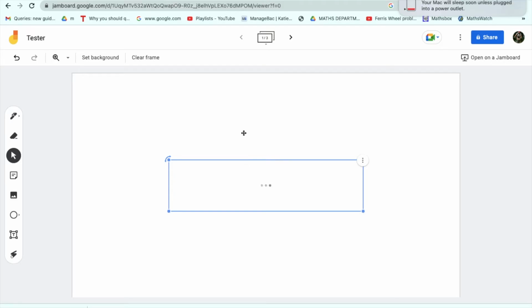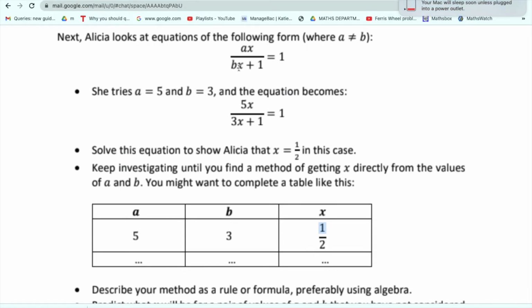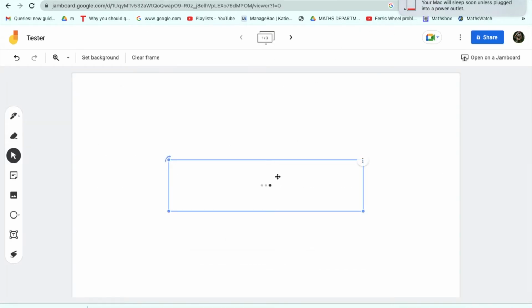Pasting this image in here, you'll be able to see it shortly. So effectively, what I'm going to do is move the 3x plus 1, so it's no longer a denominator, and we're going to times both sides by this, so it will be moved up here. That's because we're multiplying both sides by 3x plus 1.